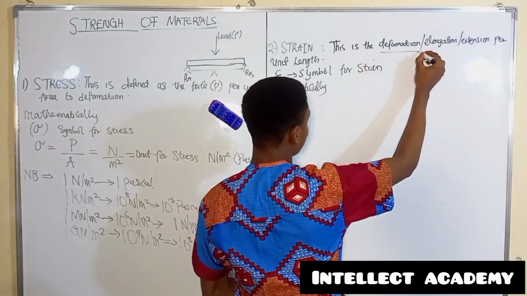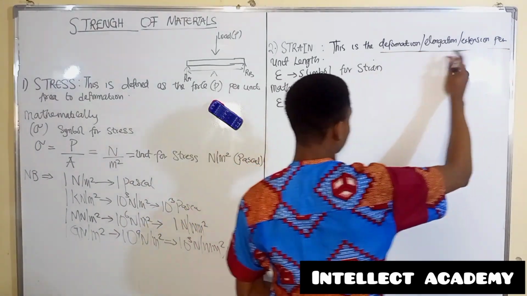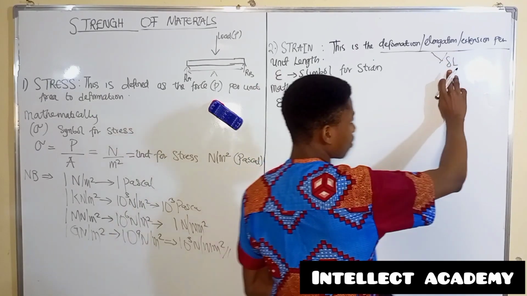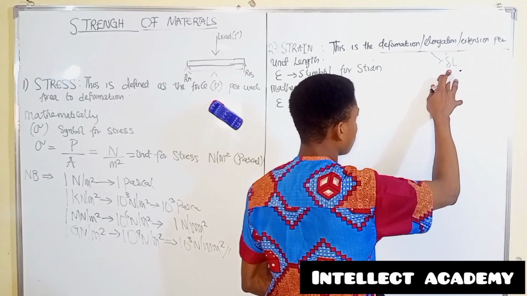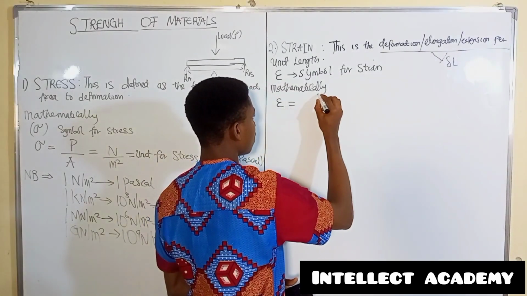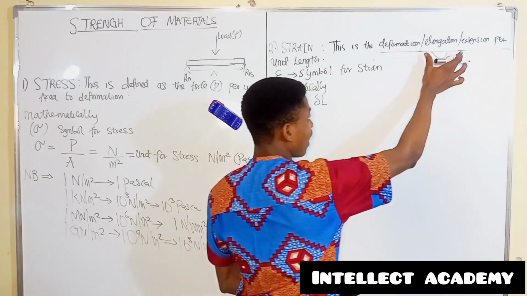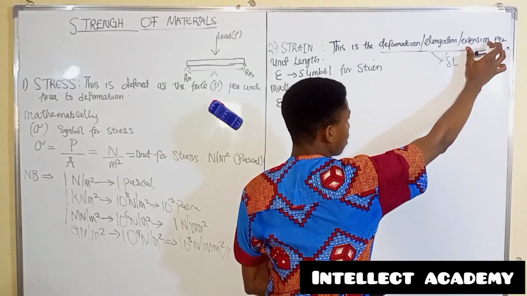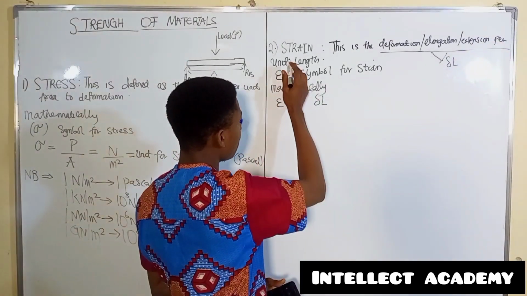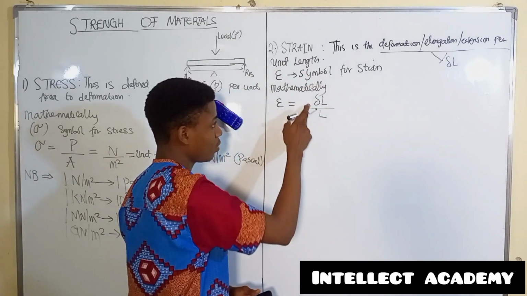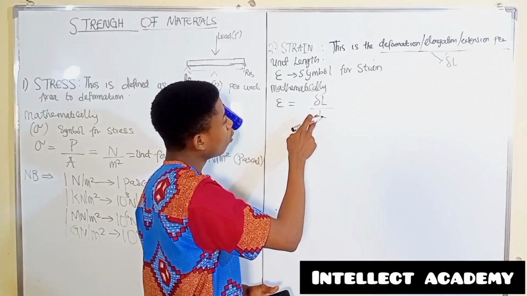Take note, the deformation, the extension and elongation is given by this. It's more of like a change in L, but it's of this symbol. So it is this symbol, of course, which is known as deformation, elongation, and extension per the unit length. So this is the length. So we have the extension over the length.